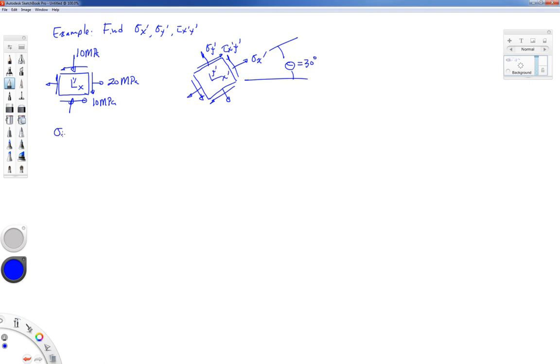In this case, since sigma x is in tension, it's going to be a plus 20 megapascals. Sigma y is going to be a negative 10 megapascals because it's in compression.